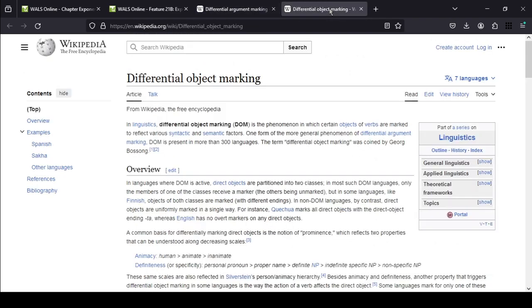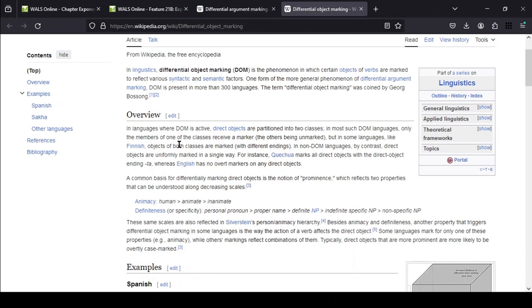So let's go to differential object marking. In linguistics, differential object marking is the phenomenon in certain objects of verbs are marked to reflect various syntactic and semantic factors. One form of the more general phenomenon of differential argument marking, differential object marking, is present in more than 300 languages. In languages where DOM is active, direct objects are partitioned into two classes.